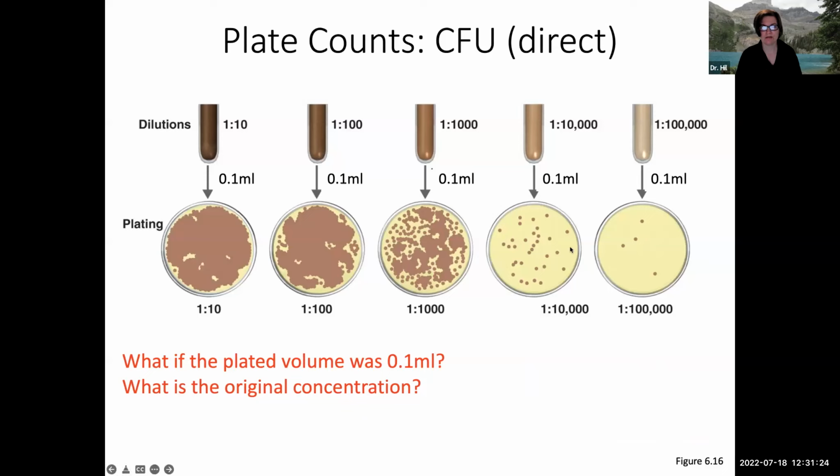Whatever number you got, 32 or 34, you have to multiply it by the dilution and divide by the volume. Great. So in this case, when we divide by volume, we'd be dividing by 0.1, not by 1. And so that would increase our number by 10-fold. So 3 point something times 10 to the 6, or 3 million and change CFUs per mL.